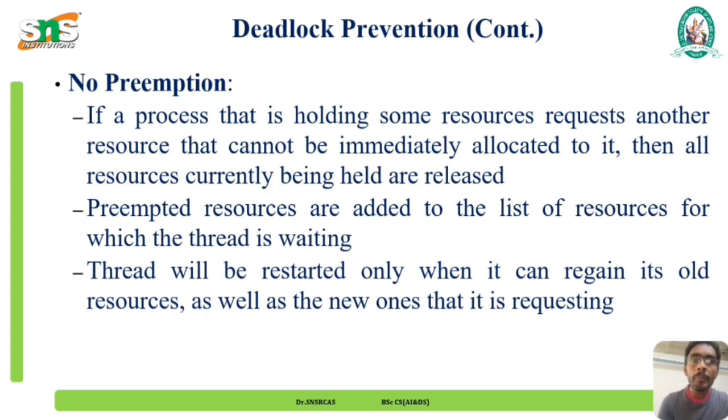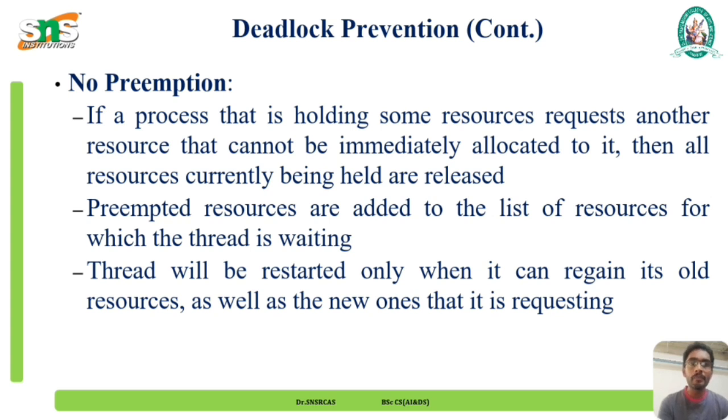And coming to the no preemption mechanism. If a process that is holding some resources requests another resource that cannot be immediately allocated to it, then all resources currently being held are released. Basically, preemption means there should be a high priority: whenever a resource request comes, that resource should be released by other processes which are currently using it.